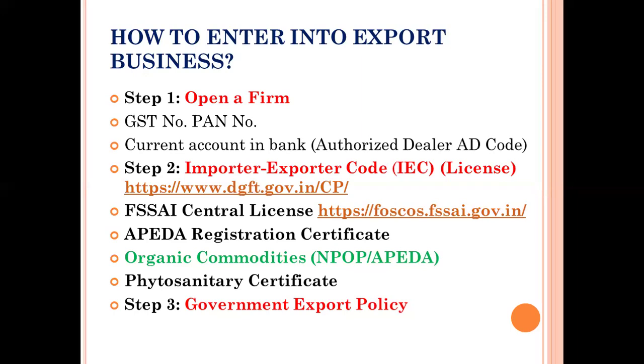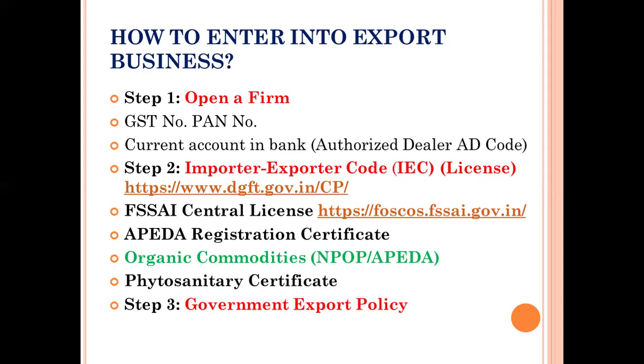If you're thinking about the export business, the first step is you need to open a firm. You need to first identify whether you want to do it individually, or if it is a group of farmers who want to do the export business. So this is your first step, that is opening a firm. You need to identify whether it will be an individual proprietorship or a joint venture that you want to go for.